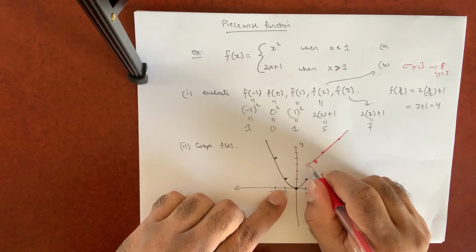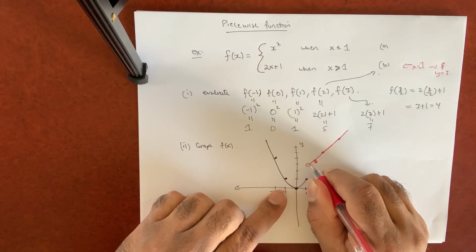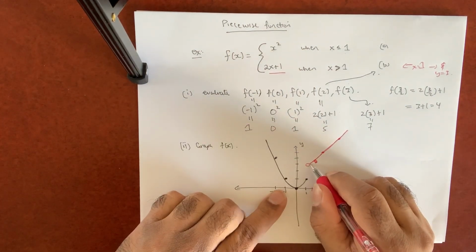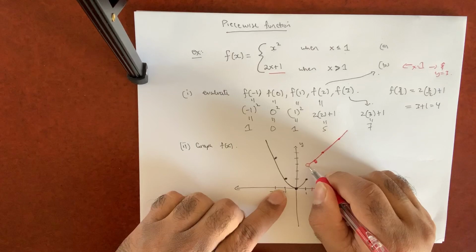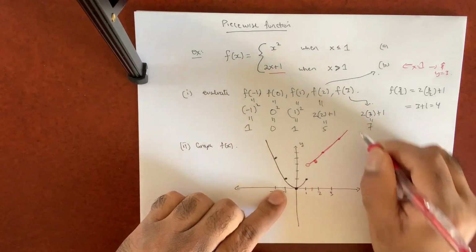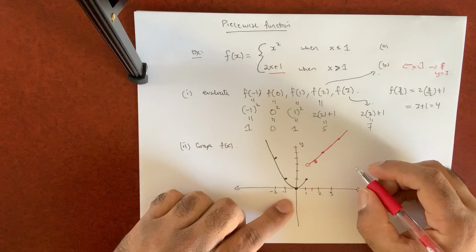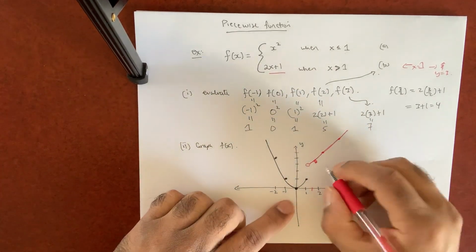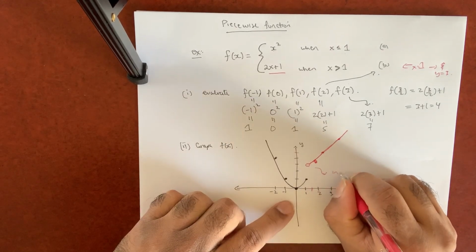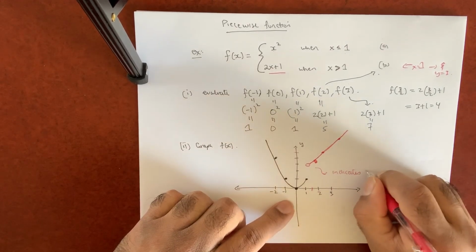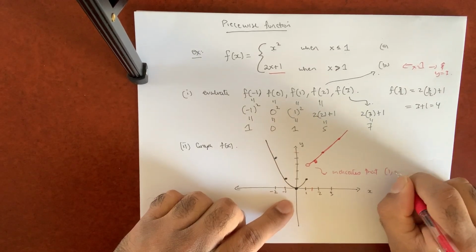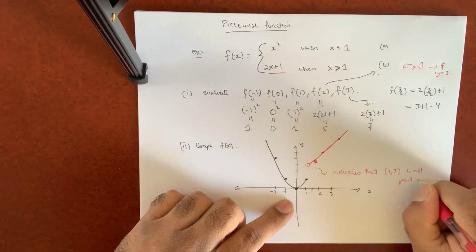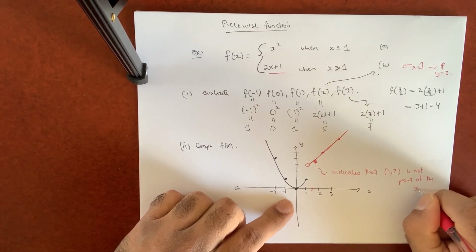So what does this opening indicate? This opening indicates that this piece of the graph starts at 1, 3, and then the rest of the graph is what I want. I just don't want that one single point. I want everything else. And the way we indicate that is this little opening. This indicates that the point 1, 3 is not part of the graph.